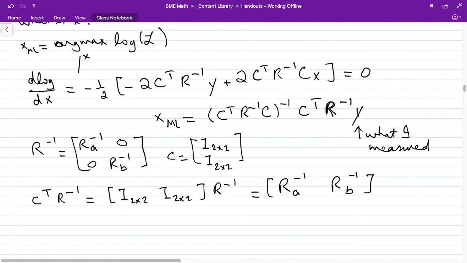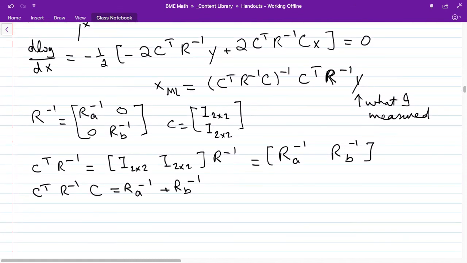Now when I say C transpose R minus 1 C, I multiply this by my C matrix. It's this times the first identity matrix plus this times the second identity matrix. So that becomes the inverse of the first noise variance plus the inverse of the second noise variance. That's C transpose R minus 1 C.